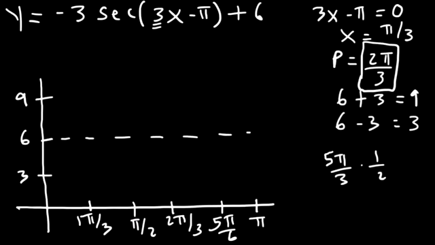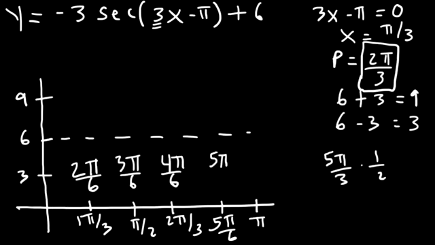Now you could see it in terms of 6. Pi over 3 is the same as 2 pi divided by 6. Pi over 2 is 3 pi over 6. And then it's going to keep increasing by pi over 6. 4 pi over 6 can be reduced to 2 pi over 3. The next one is just 5 pi over 6. You can't reduce that. 6 pi over 6 can be reduced to pi. So if you have the first one, you can find the others if you get a common denominator, so to speak.